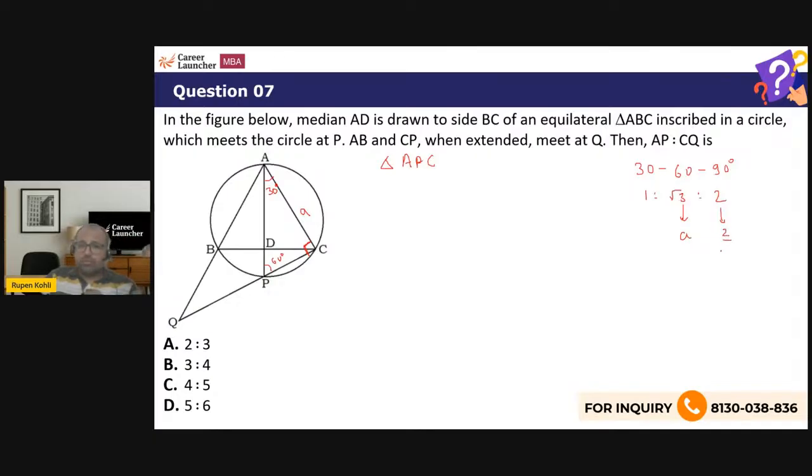So 2/√3 times of A, right? So therefore in triangle APC, we can say that AP is 2/√3 A.